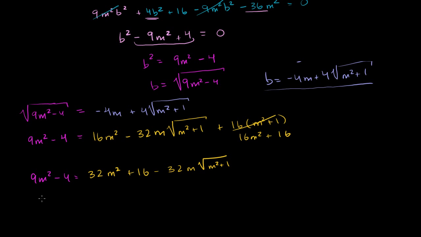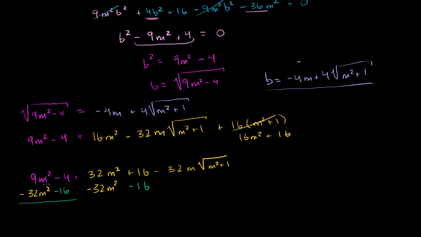And let's see, we can subtract 9m squared from both sides, and then add 4 to both sides. Actually, let me do it the other way, because I want to isolate this on the right-hand side. So let's subtract 32m squared from both sides, and then subtract 16 from both sides.